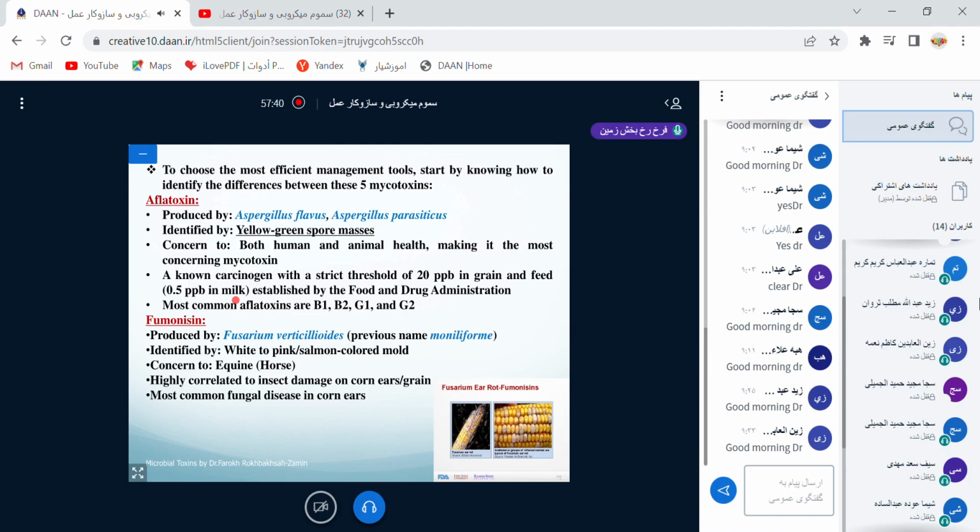But it is important that their quantity be as low as possible, because if the quantity of mycotoxin in our body gets high, it can be life-threatening by producing disorders like cancer.